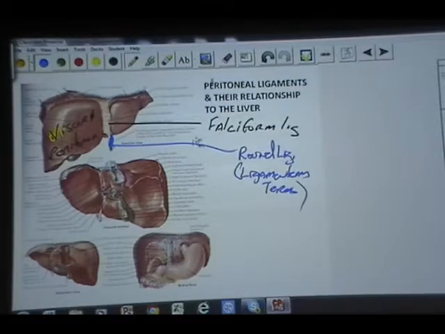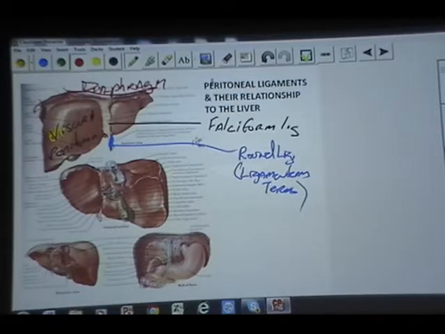Now, here once again is the diaphragm up here. And interconnecting the diaphragm and the liver are actually four peritoneal ligaments.